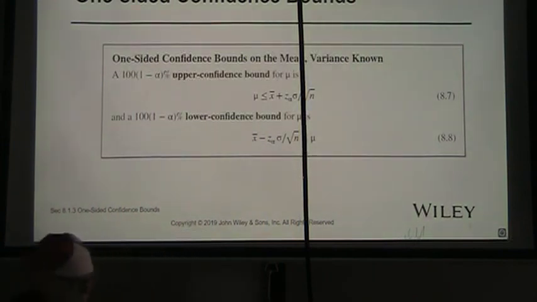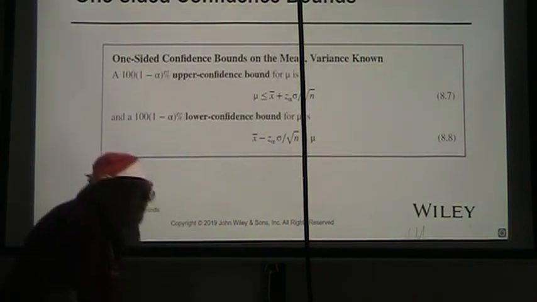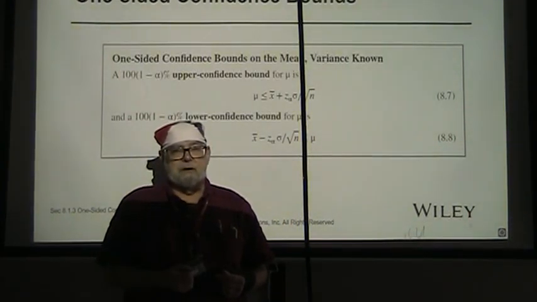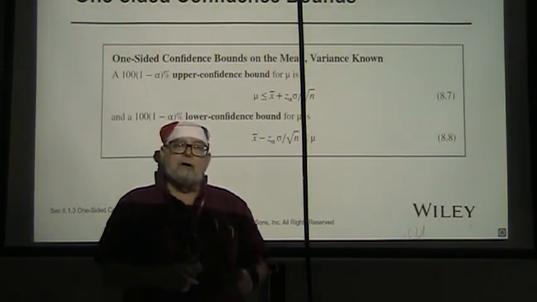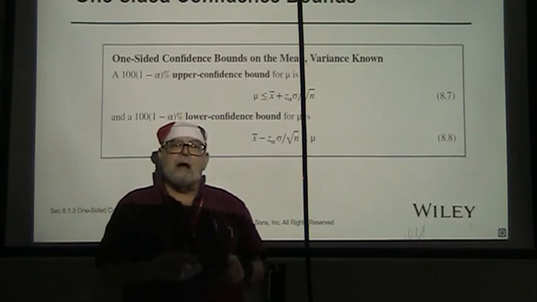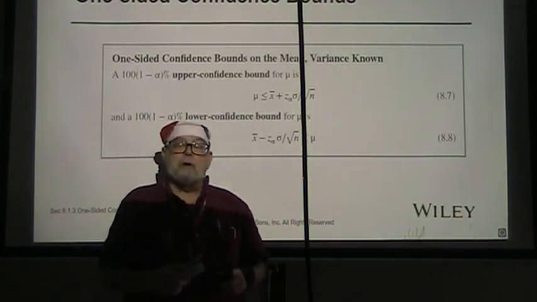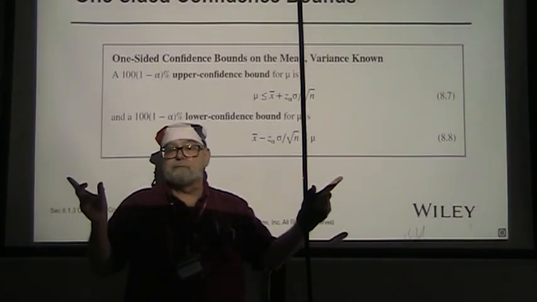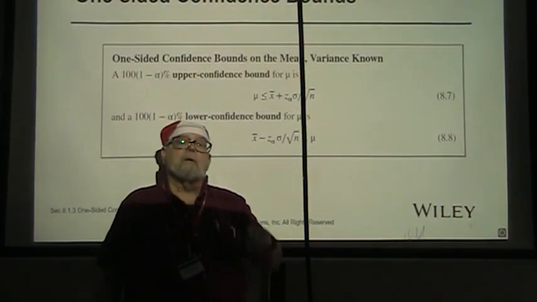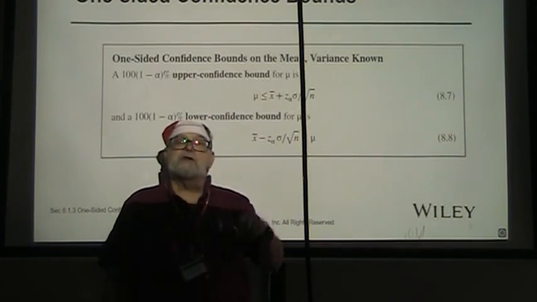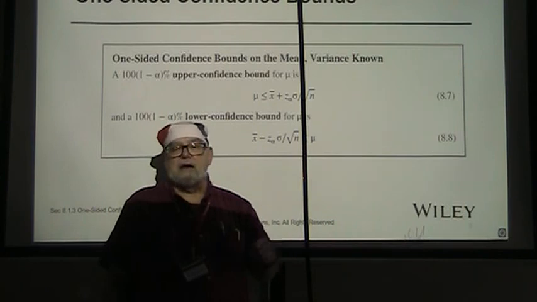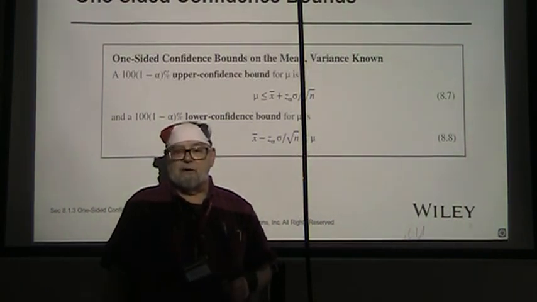Now, when you were introduced to confidence intervals, you were introduced as though it would always be a two-sided confidence interval. But we often need to deal with a situation where there is a one-sided confidence interval.